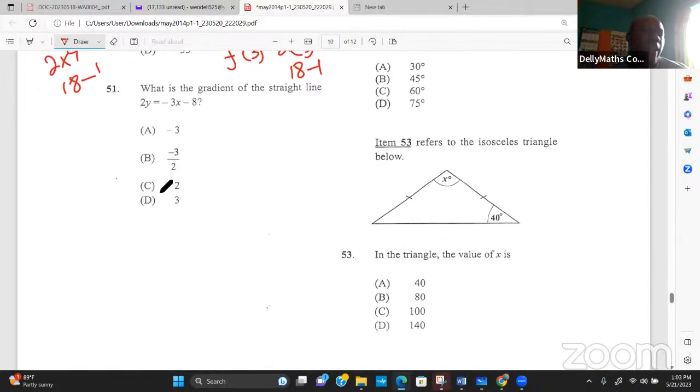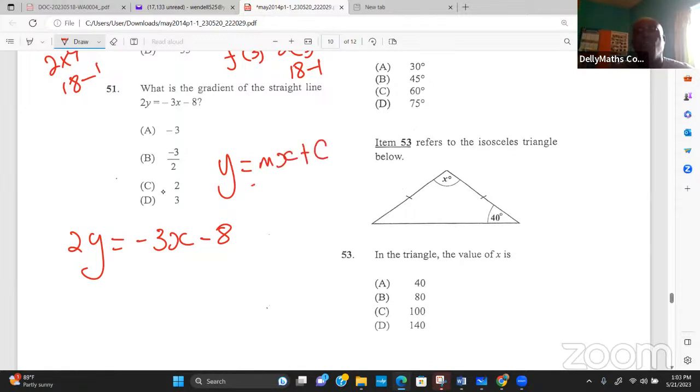All right, 51. What is the gradient of the line? Remember this, very important information. You can never name a gradient unless it is written in y equal to mx plus c format. It is not in that format yet. So you have to make sure the y is left alone. The y is not yet left alone.